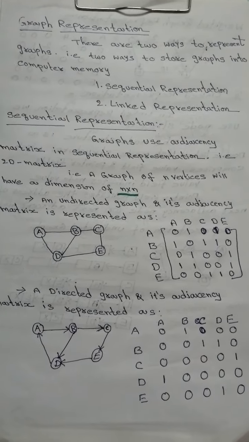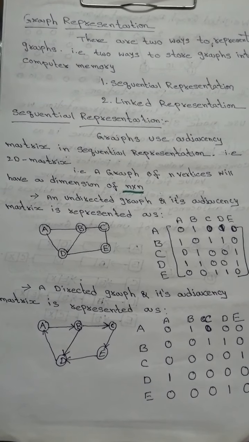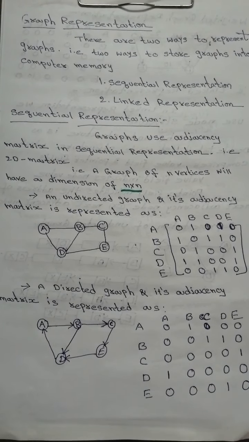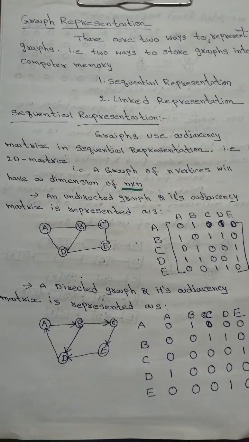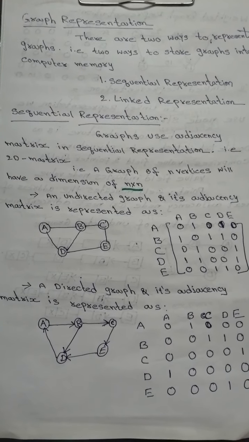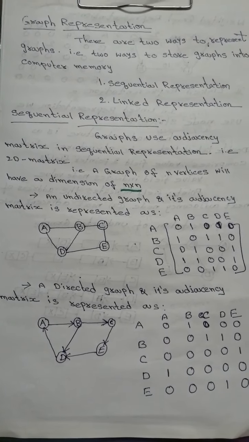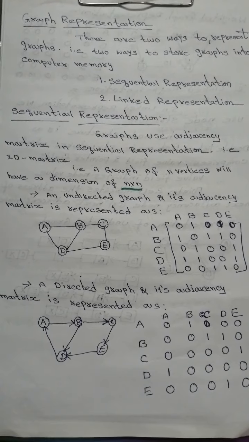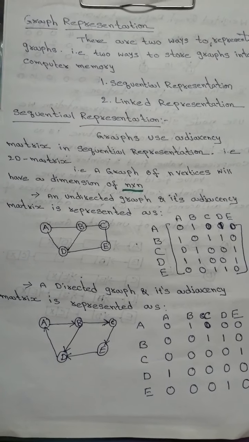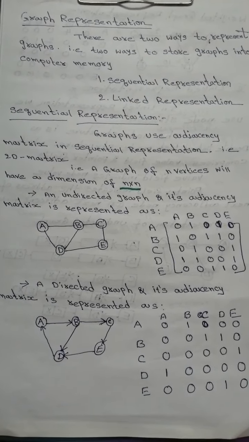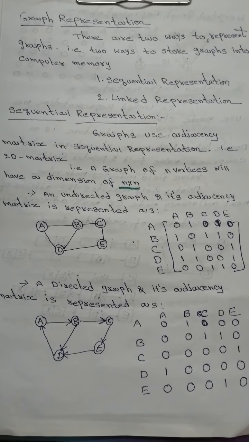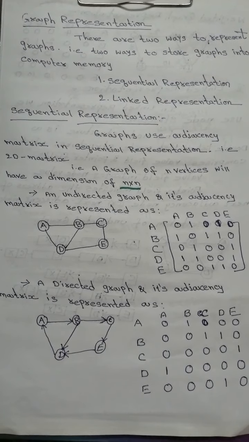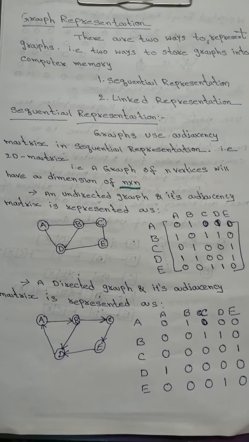In the basic concepts of graphs, we covered two types of graphs: a directed graph and an undirected graph, and there is also another kind of graph, the weighted graph. Now we see how these three are represented with sequential representation and with linked representation.